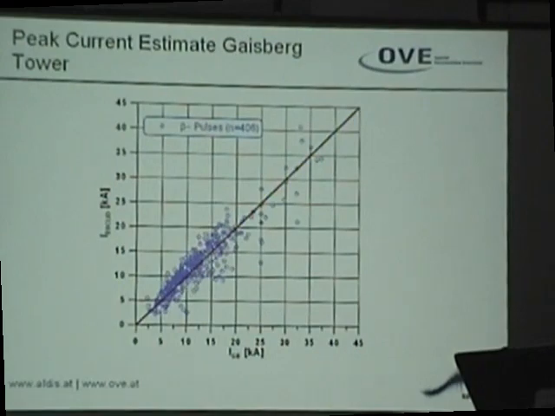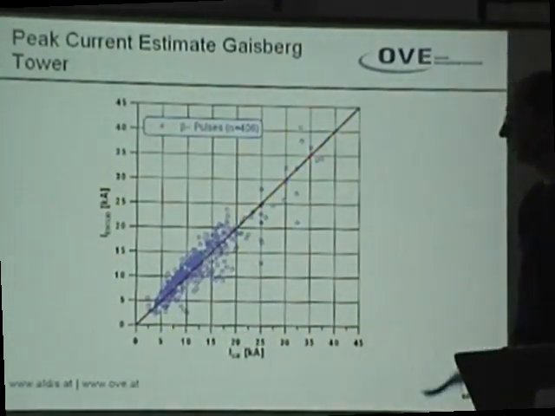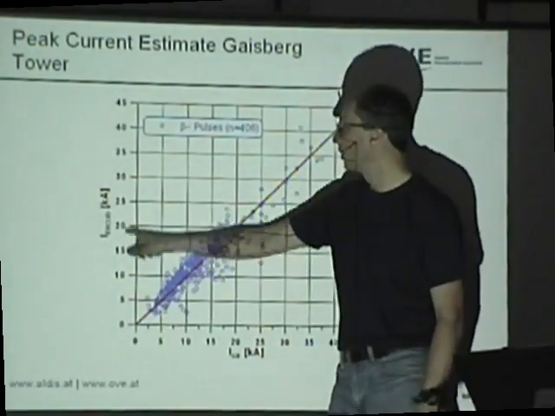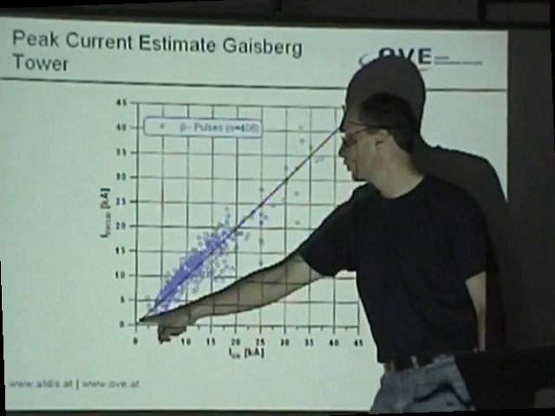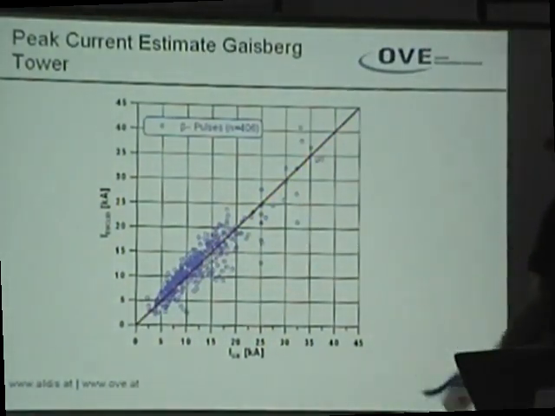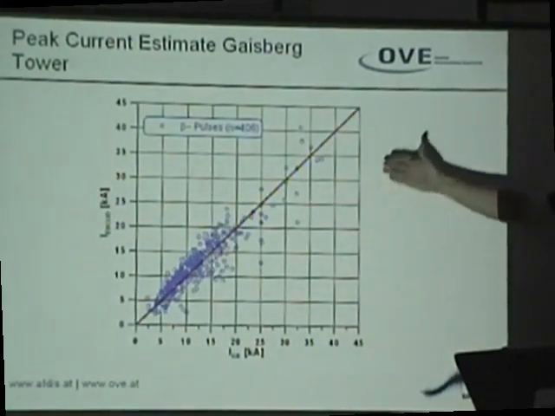Yeah, the peak current estimate. We can compare the peak current that we measure at the Gaisberg Tower, here on the x-axis, to the peak current that we measure at EUCLID, and ideally everything should be on the red line. And you see there is some scatter around, but it fits quite well.